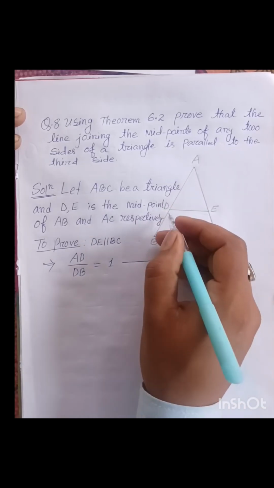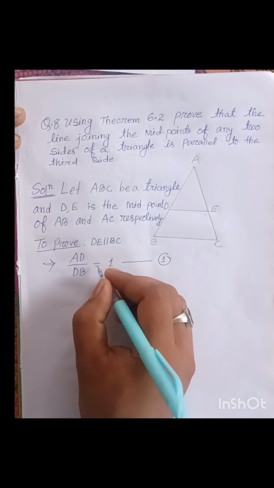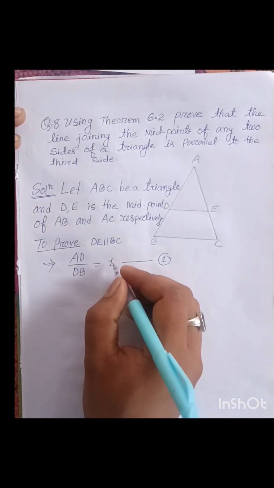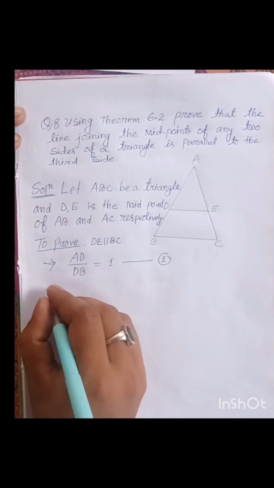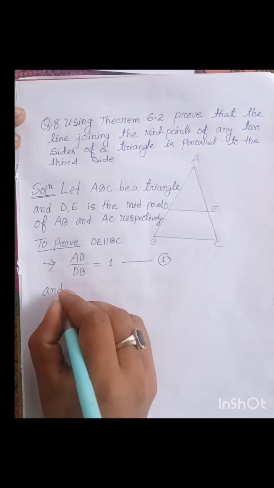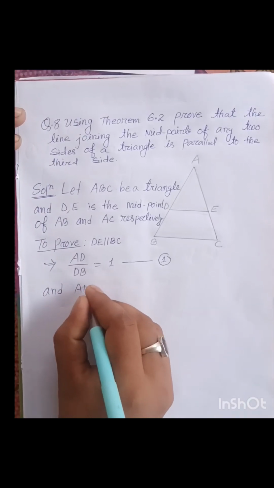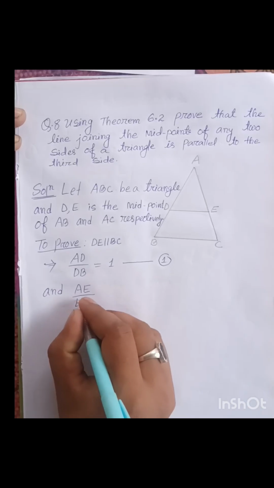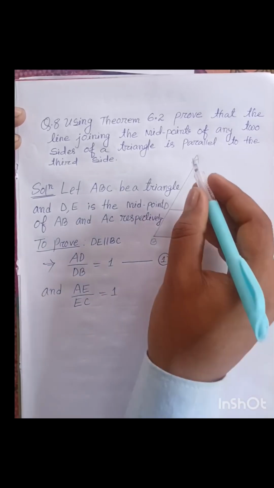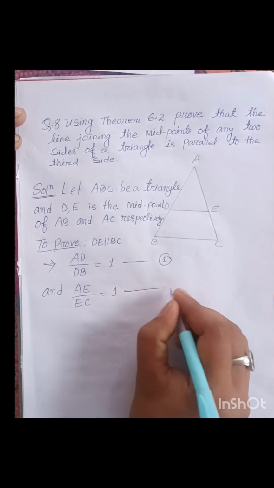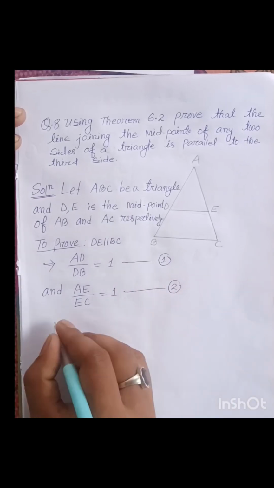So if D is the midpoint, then I can write AD by DB equal to 1. In the same way, I can write now AE by EC is also equal to 1, and AE by EC equal to 1 because E is the midpoint of AC. So give equation number 2.